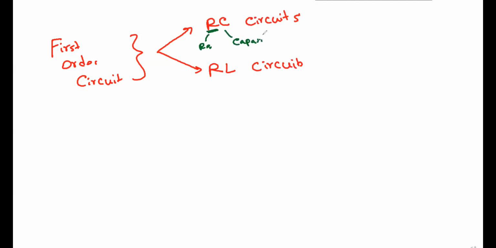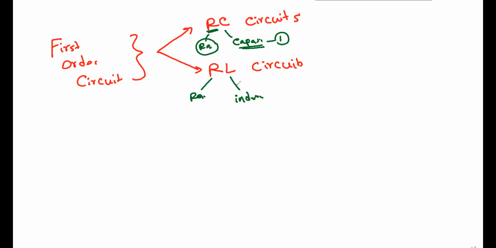So in a circuit, if you have resistors with just one capacitor, we call them RC circuits. And in the RL circuits, you have resistors, it can be many resistors, and just one inductor. So if you have resistors with one inductor, we call that an RL circuit.